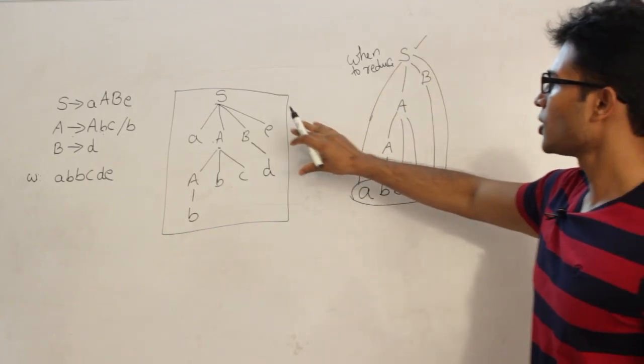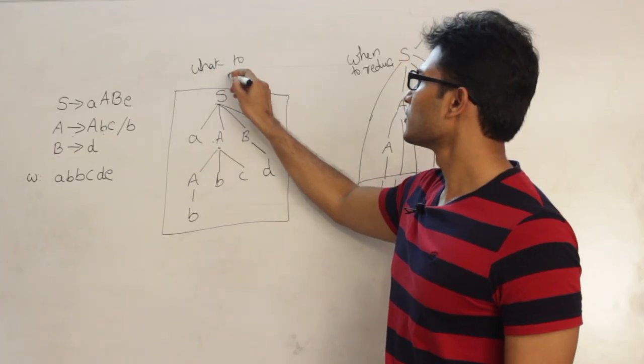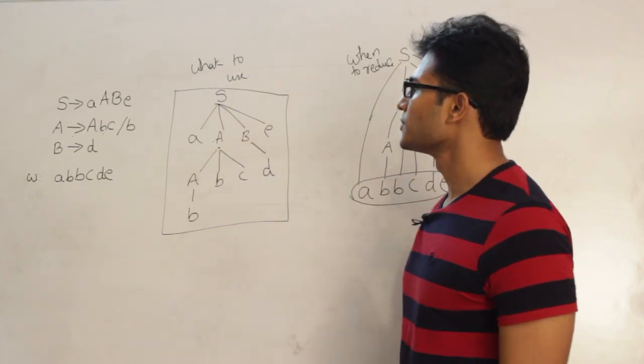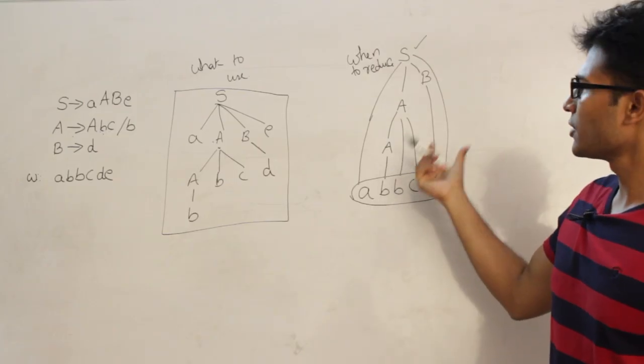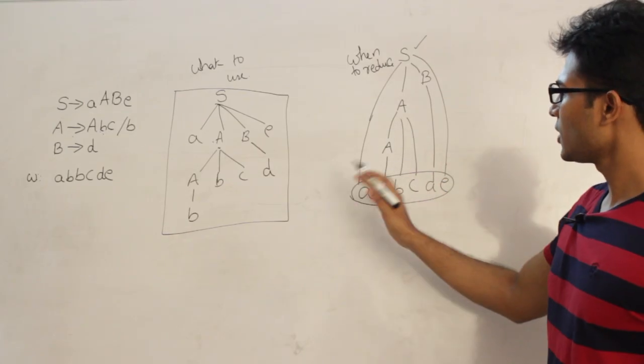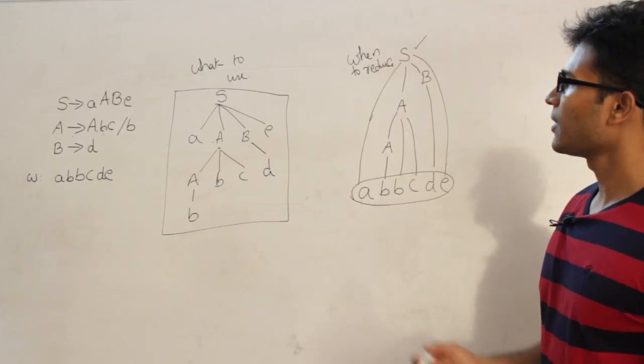So the main problem with top down parsers is what to use, if you have more than one production, and with bottom up parsers it is when to reduce. If we can solve these two problems, we can construct parsers.